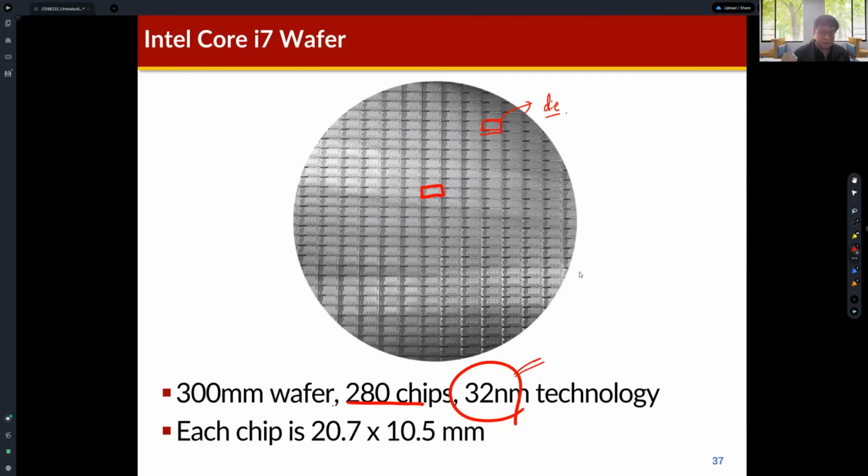So if we use more advanced semiconductor technology, then we can build smaller chips if the number of transistors is the same, right? In this figure, you can find 280 chips, and these dies are fabricated in 32 nanometer semiconductor technology.